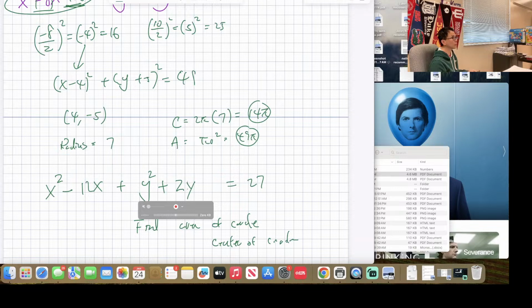That's the formula: x minus h, y minus k, plus 1. What's that? So this is your formula, asking for the center point. What's the center point?